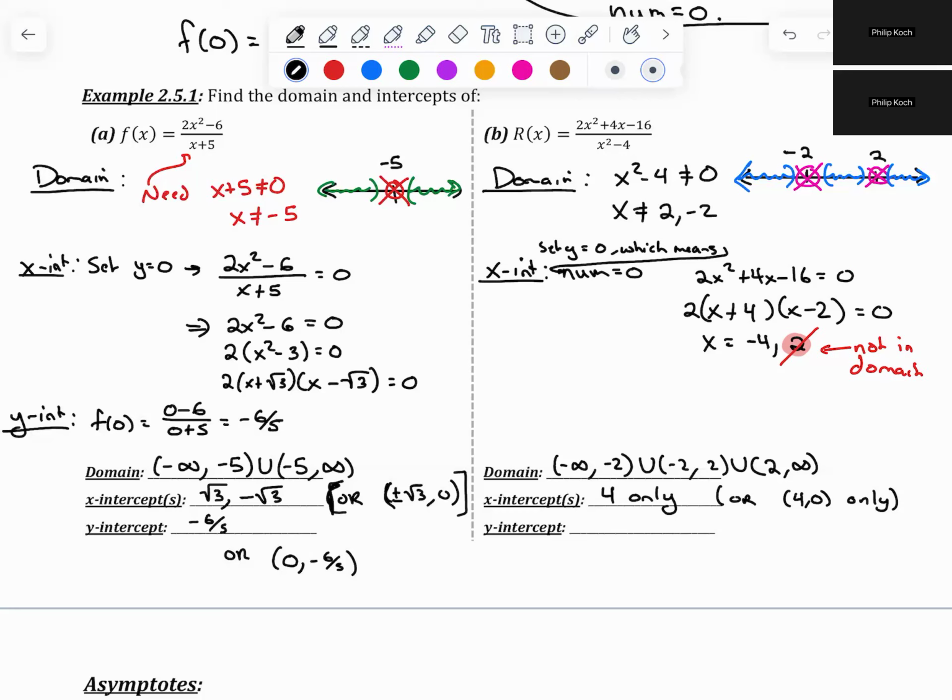And then for y-intercepts, r of 0 will just be 0 plus 0 minus 16 over 0 minus 4, which is going to be 4, because it'll be 16 over 4, which is, oh, negative 4 only, negative 4. I'm sorry, I missed the negative sign.